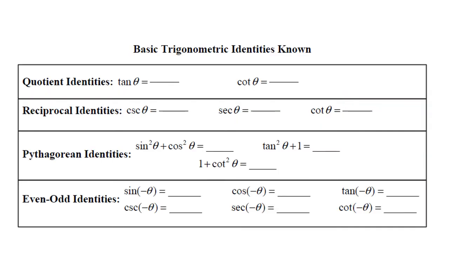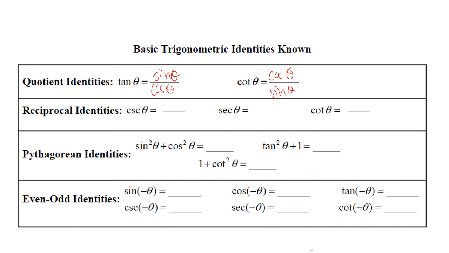All right. So our basic trig identities are going to be our puzzle pieces, so to speak, that we use to simplify or establish identities. If we're remembering our quotient identities, our quotient rule for trig: tangent theta is sine theta over cosine theta, and cotangent theta is cosine theta over sine theta.